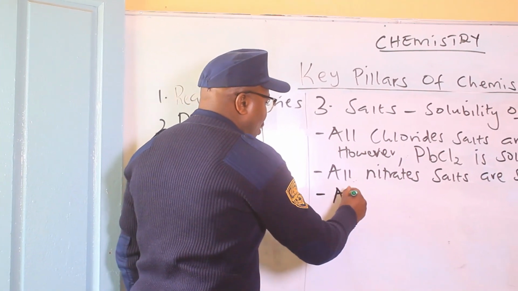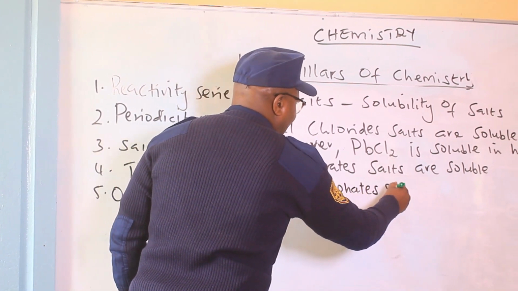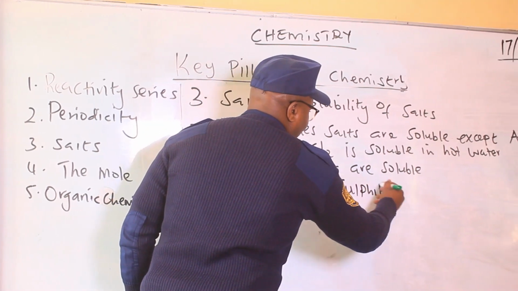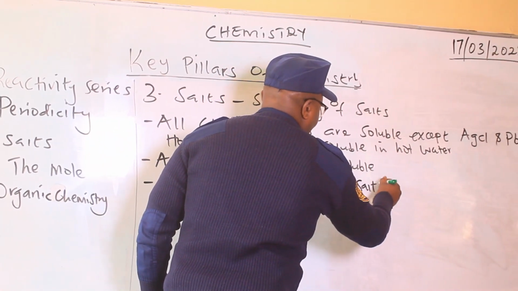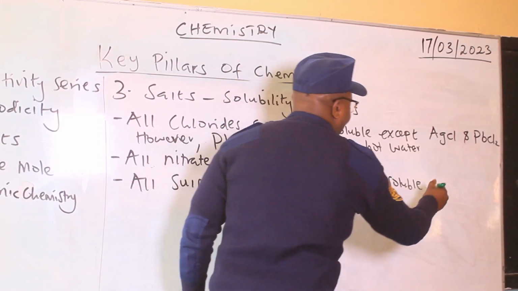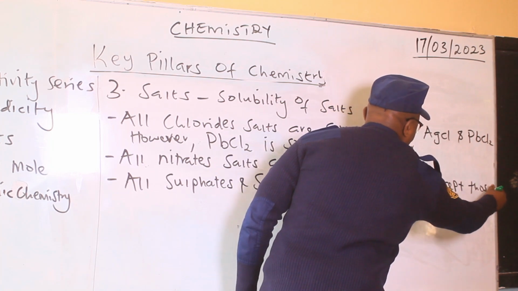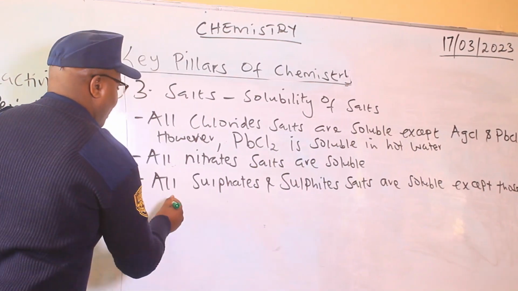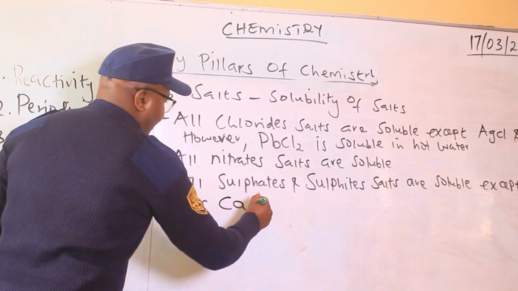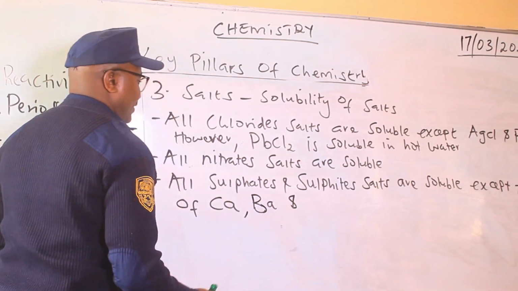Then all sulfates and sulfites are soluble, except those of calcium, barium, and lead.